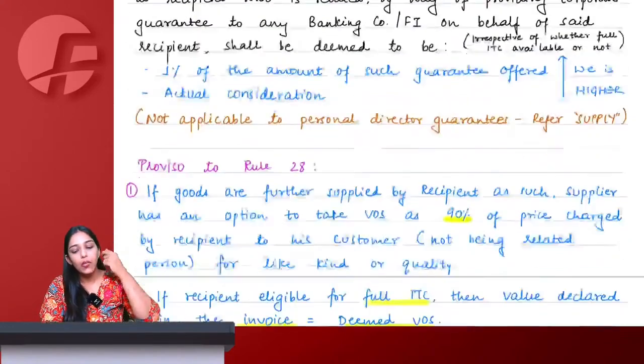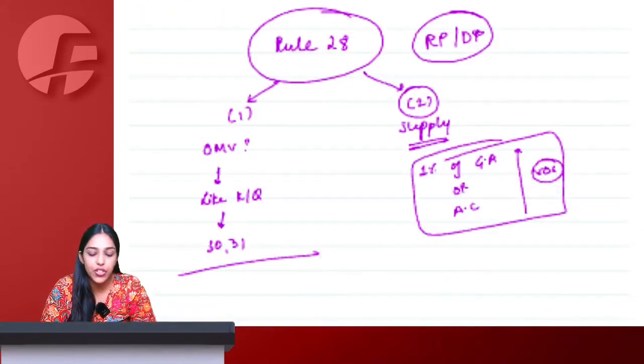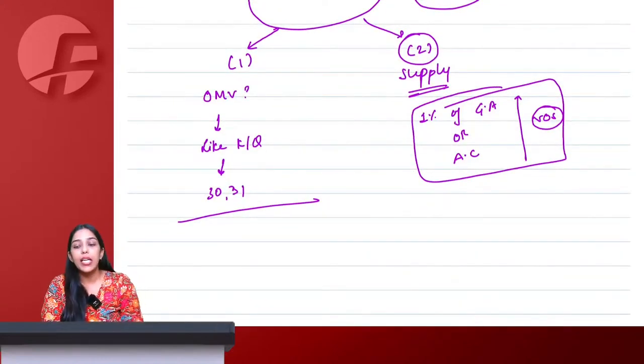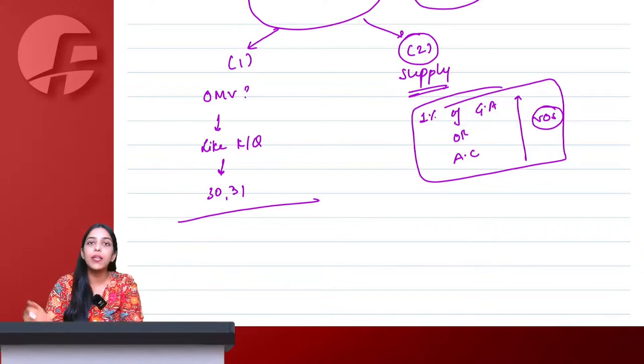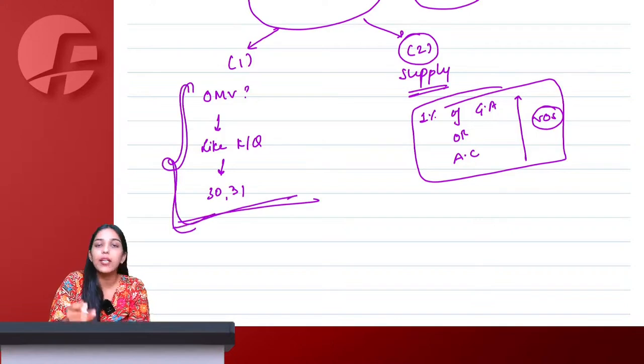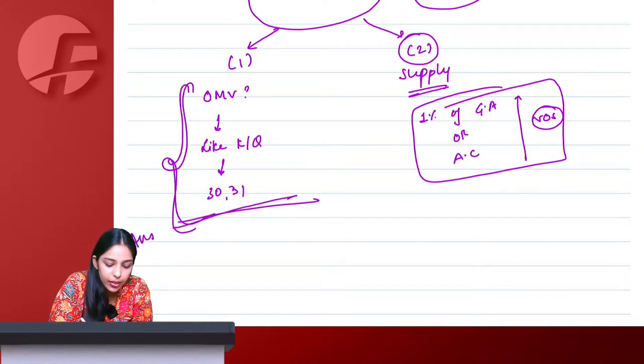Now we have a proviso to Rule 28. The proviso is particularly applicable if the related person or distinct person to whom we are supplying the goods is supplying those goods further to some unrelated customer. So let us say I supplied my goods to a related person. Whatever answer I get according to open market value, like kind and quality, Rule 30, Rule 31, that answer I will write.